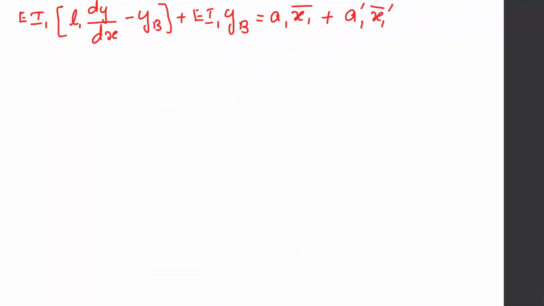Now this dy by dx is actually the slope and yb is the deflection at b.